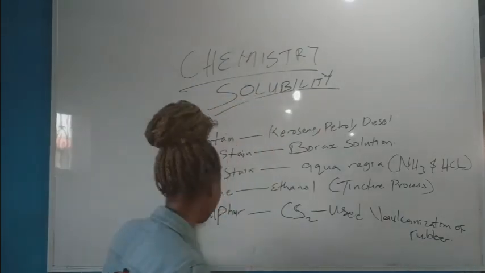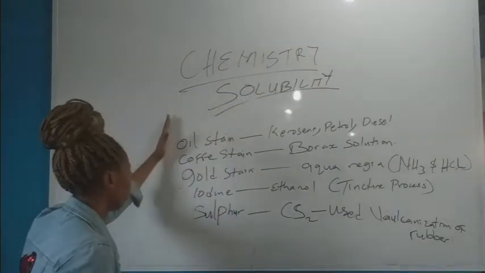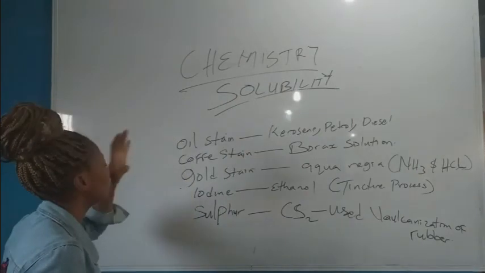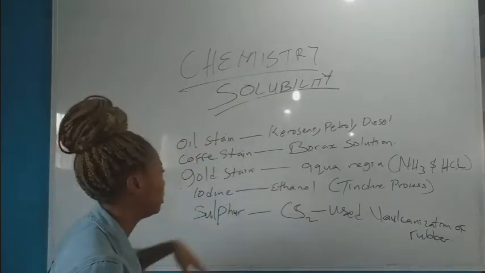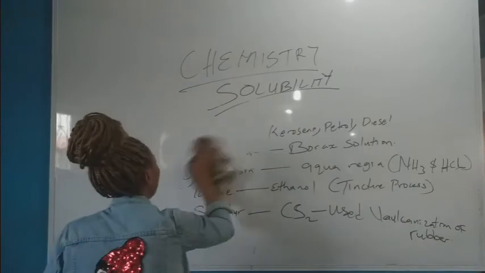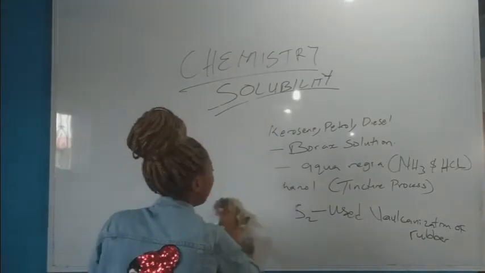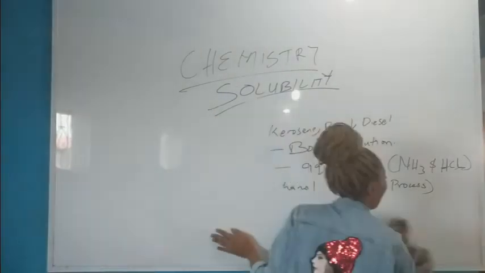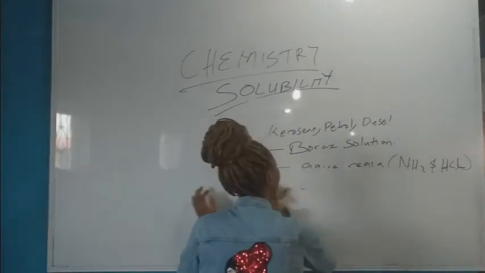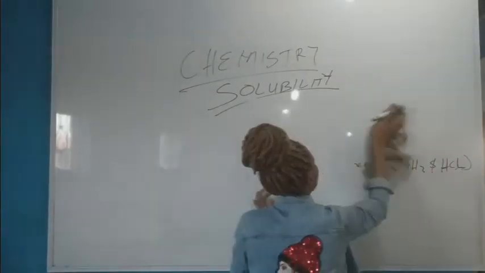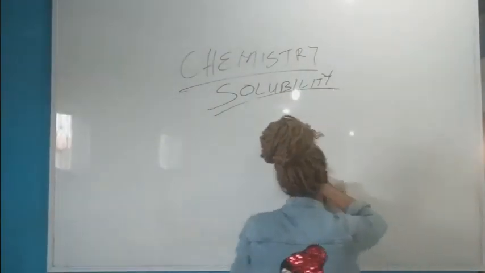So now, these are common things and substances that can be used to dissolve them. What is actually solubility? Solubility is just when two substances meet and one has the power of making the other have a large surface area to volume ratio.